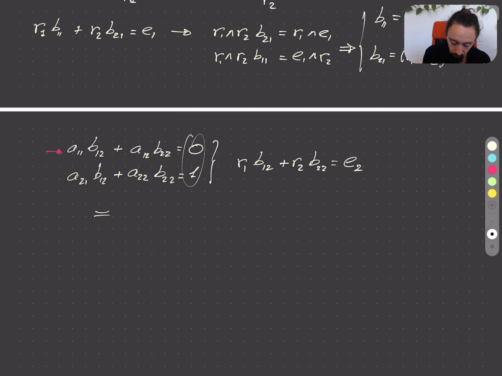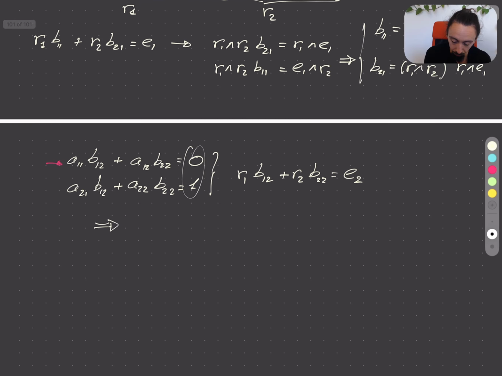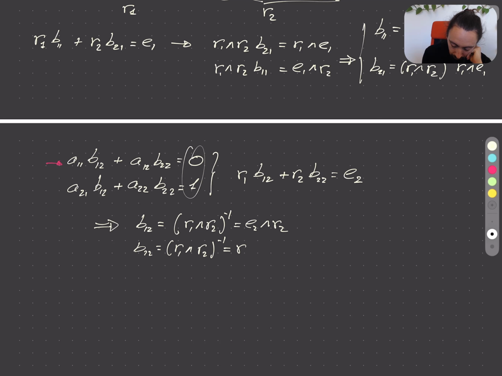Thus, for the solution, we can follow the same steps as before and get that B12 equals (R1 wedge R2) minus 1 times E2 wedge R2, and B22 equals (R1 wedge R2) minus 1 times R1 wedge E2.